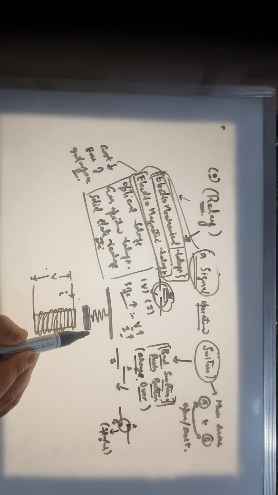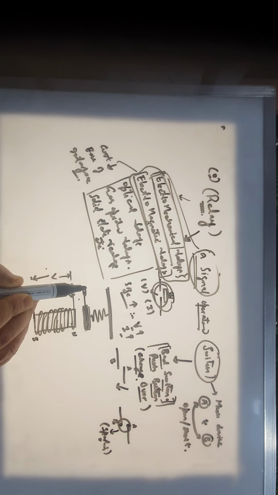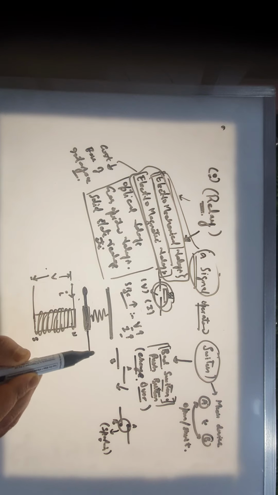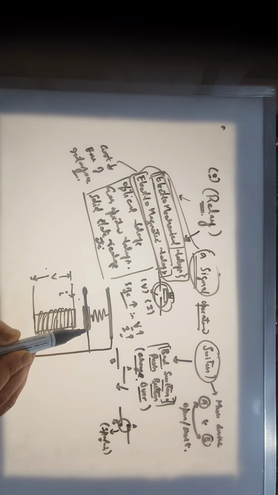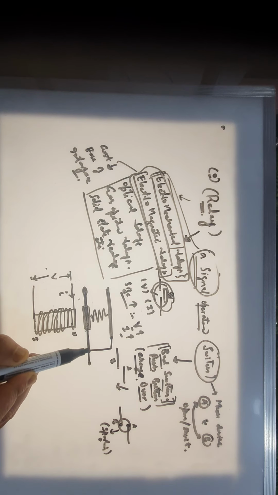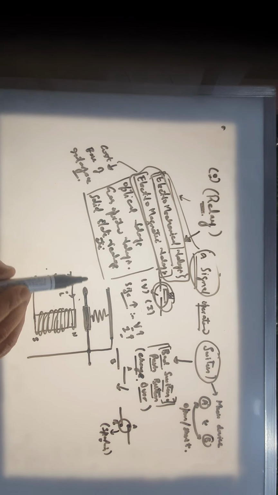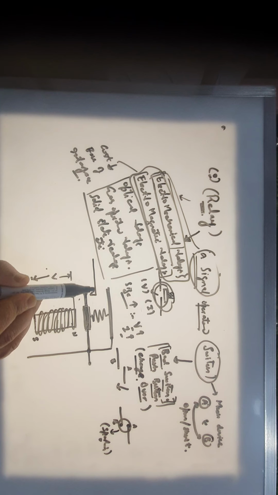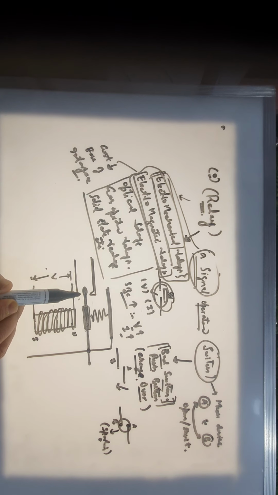It is connected to a switch. A simple contact is connected to this. It is again connected from this side to the housing. Then we have two more contacts that are kept either side of this contact.